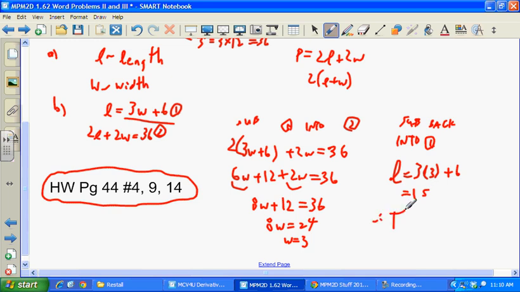Therefore, the length is 15 inches, and the width is 3. The pen's conking out here.